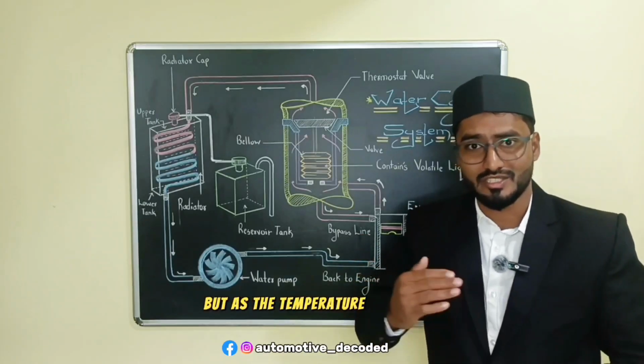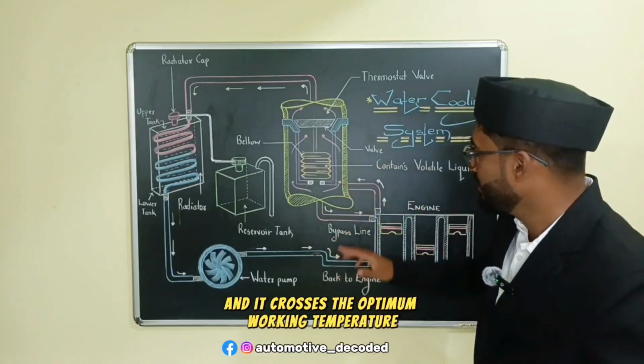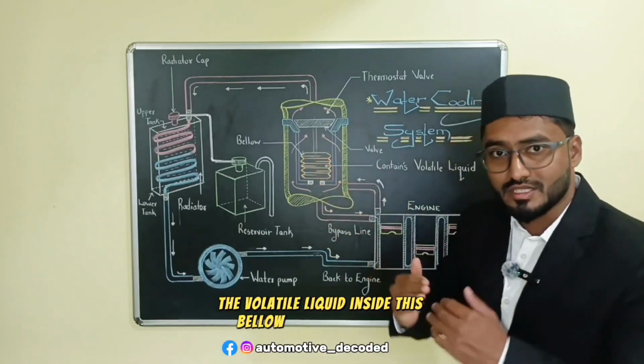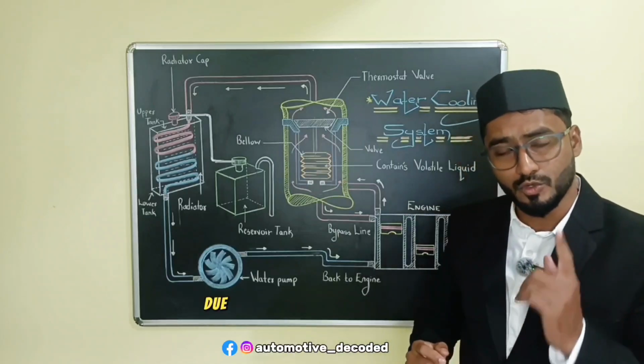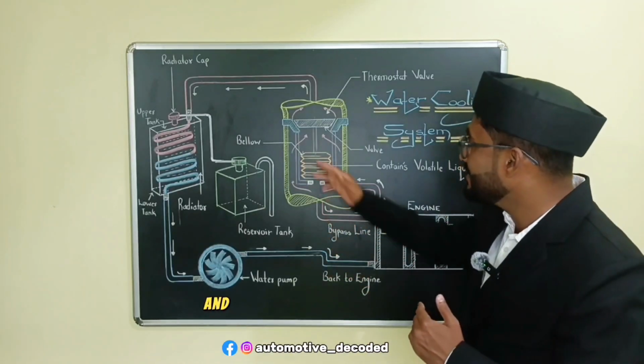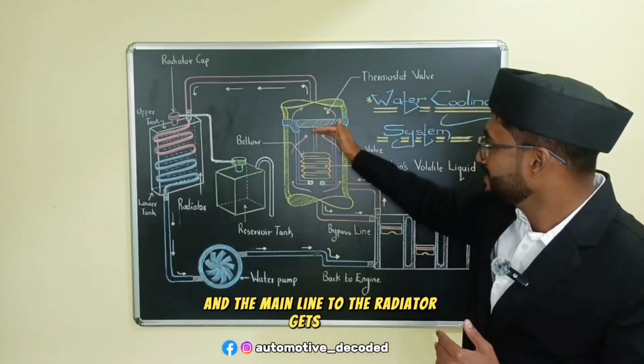But as the temperature starts to increase and crosses the optimum working temperature, the volatile liquid inside this bellow starts to expand, due to which the bypass line gets closed and the main line to the radiator gets opened.